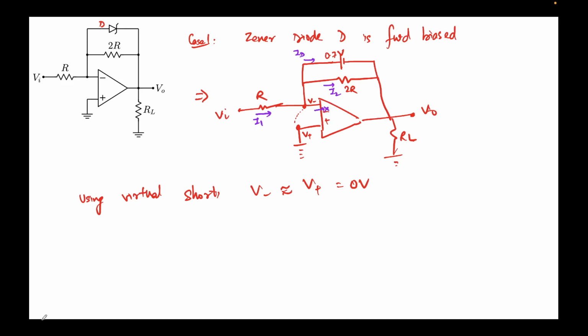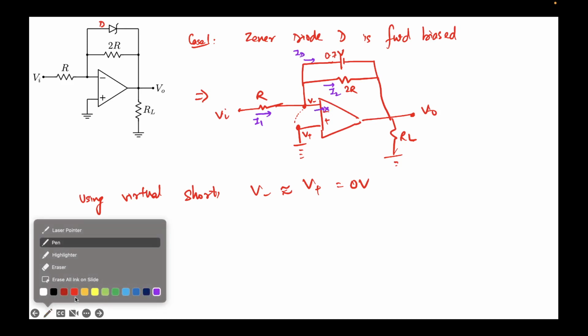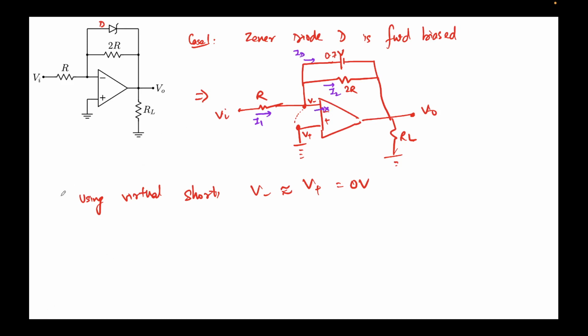So, we'll call this step 1, and we'll apply KCL at the inverting input node. The incoming current is I1, which should be equal to the outgoing current: 0 into this terminal, plus I2 plus ID. I2 is flowing here and ID is flowing in this direction.